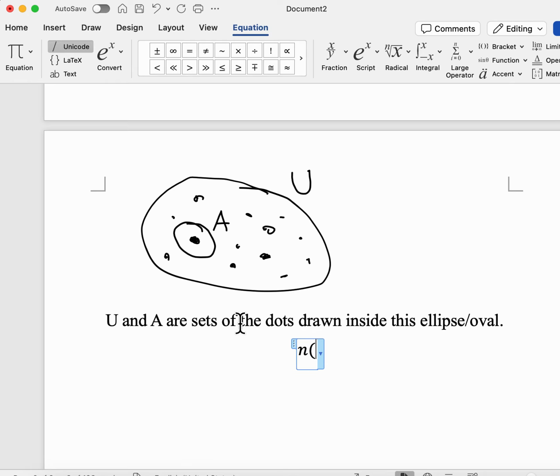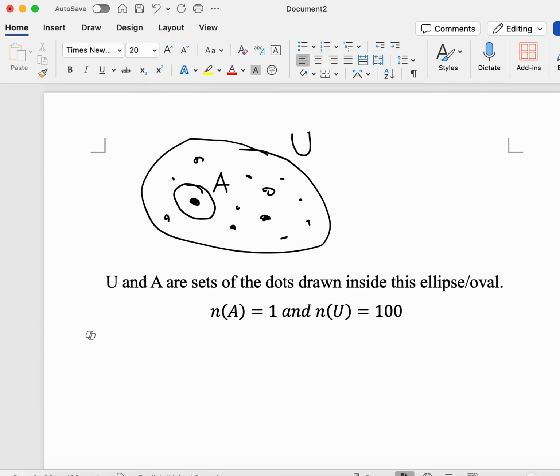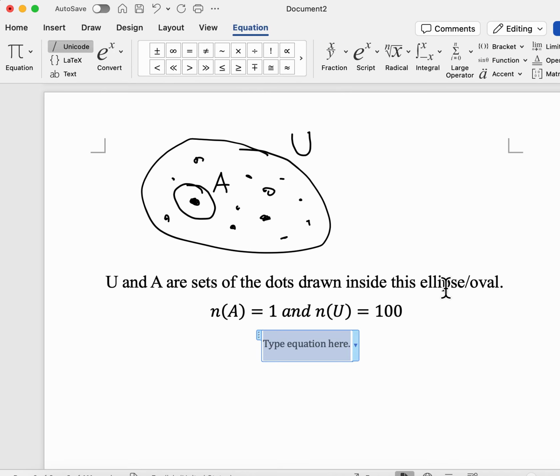Now I claim that n of A, just based on the picture, is 1, and n of U is 100, which sort of makes sense, right?